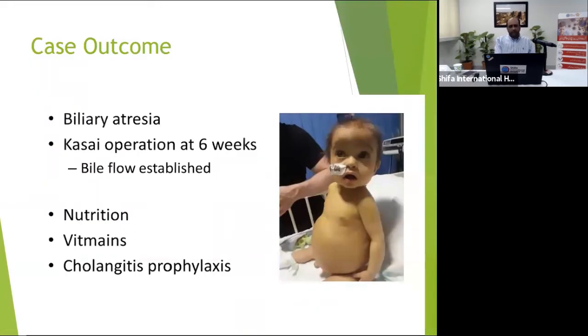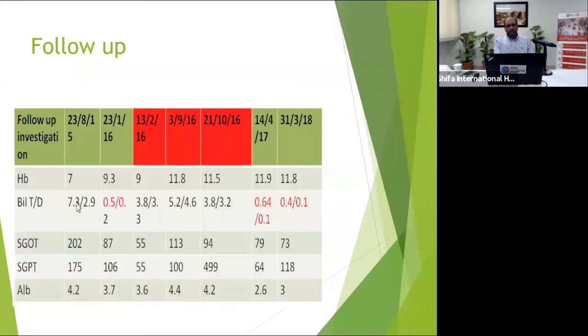So the case that is being discussed was proven biliary atresia, had Kasai procedure at 6 weeks of age, and had good bile flow established. We continued with the nutrition, vitamin, and prophylaxis of cholangitis in the management of that baby. However, on the follow-up of this baby, he took 4 or 5 months to normalize his bilirubin from 7 milligram to 0.5 milligram.